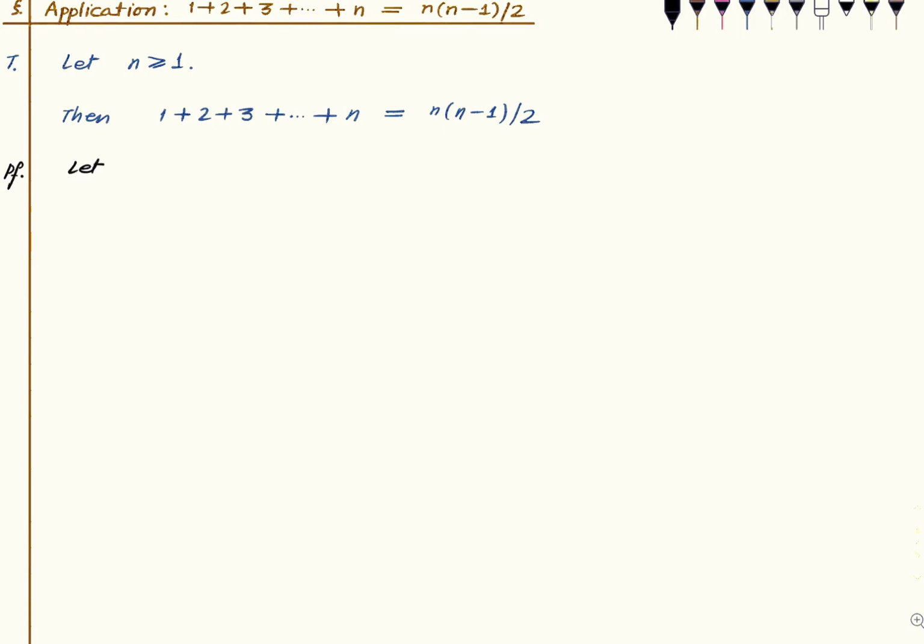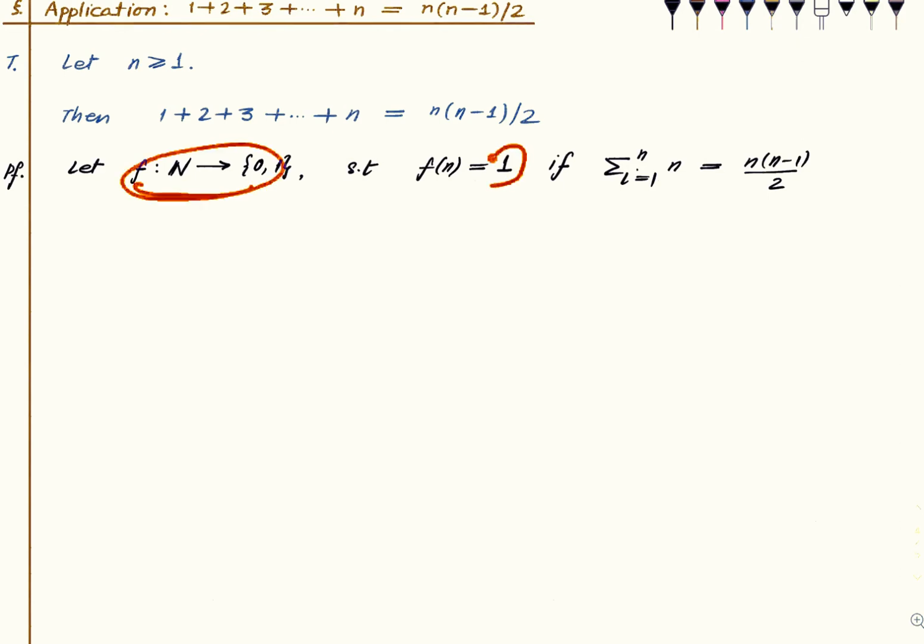So let f be this function such that we define a function which takes the value 1 at n if the sum of the first n natural numbers is n(n+1)/2, and 0 otherwise.